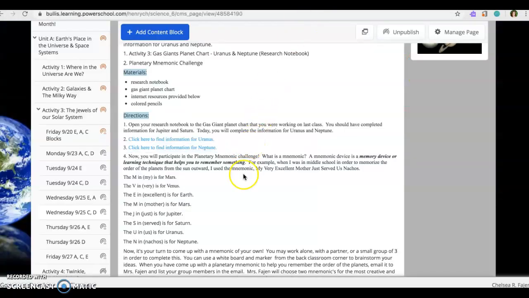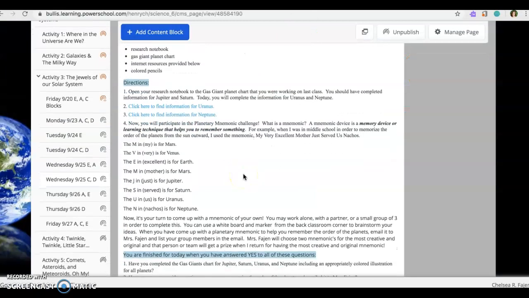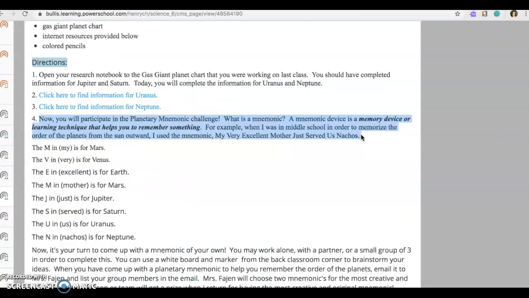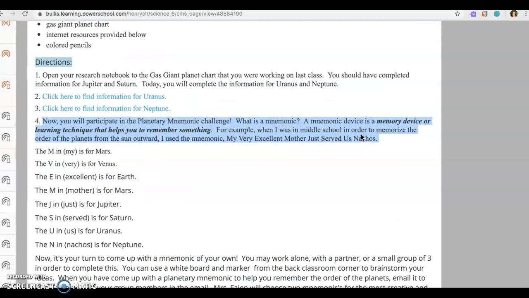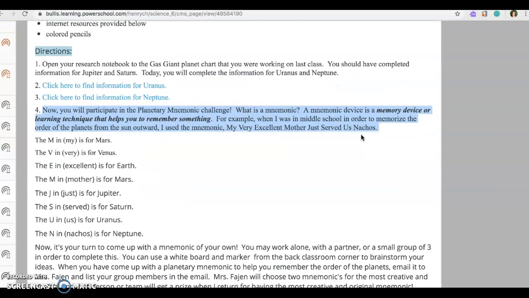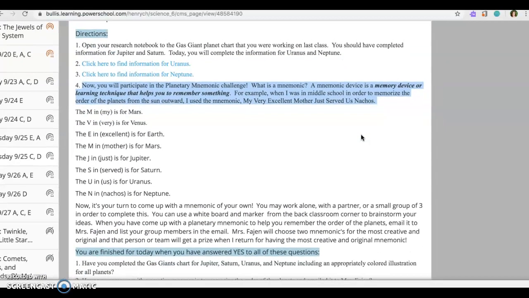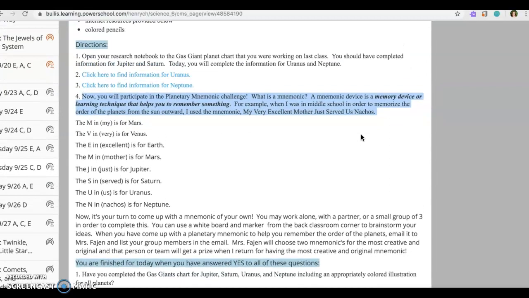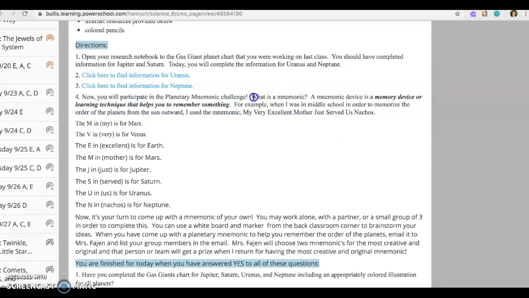So boys and girls, once you're done with that, I have a little bit of a challenge for you. I'm going to take a moment to go over step 4 in the directions. It says, now you will participate in the Planetary Mnemonic Challenge. Let me explain what this is. What is a mnemonic?